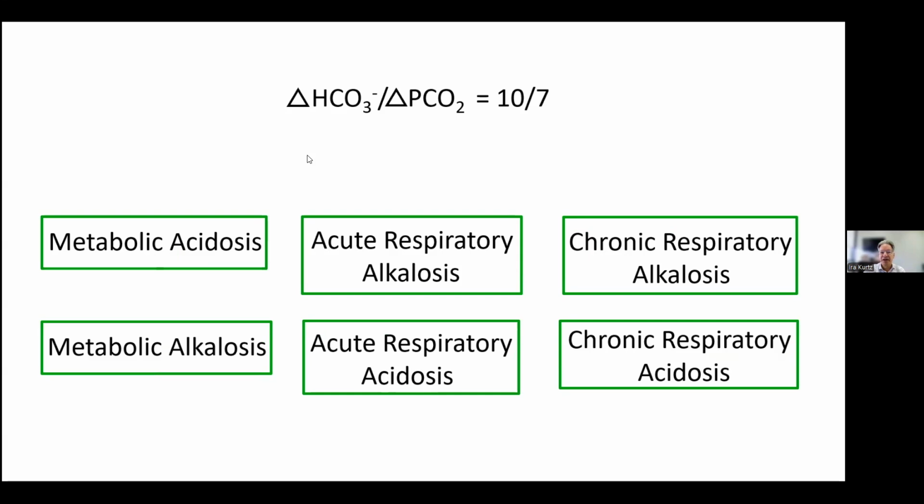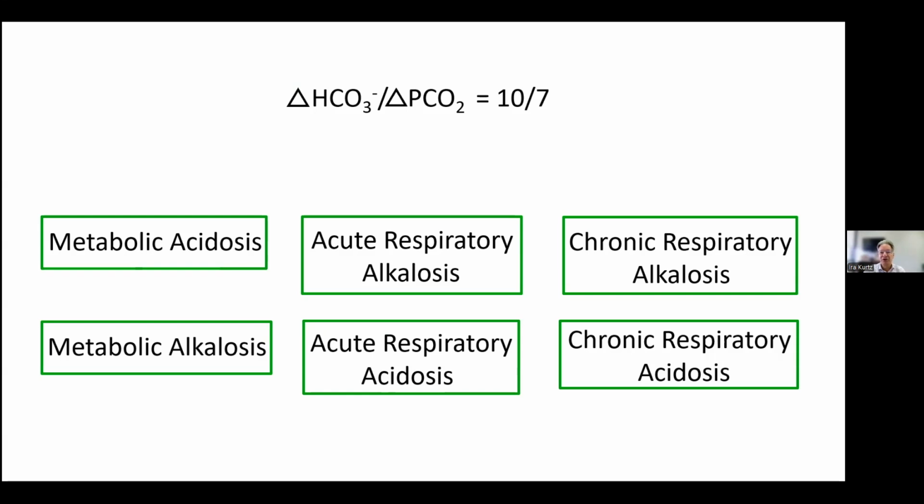So here's another patient with a change of 10 bicarbonate and a change of 7 for the PCO2, or 20 to 14, or 5 to 3.5, whichever ratio you want to memorize, or 0.7 if you want to do it that way. That is metabolic alkalosis. Yes, very good.